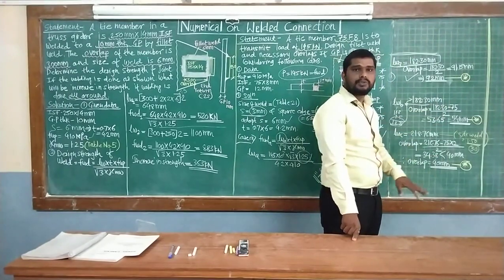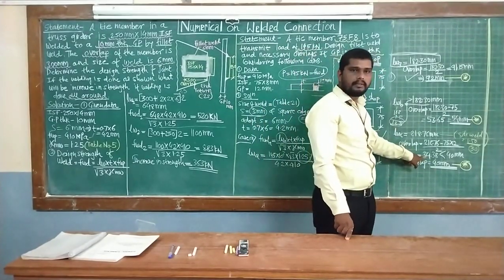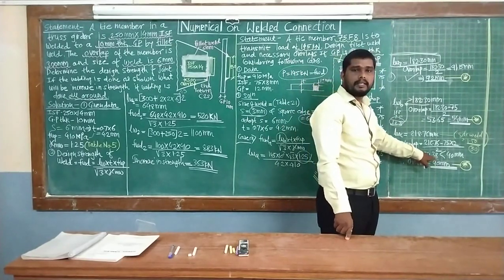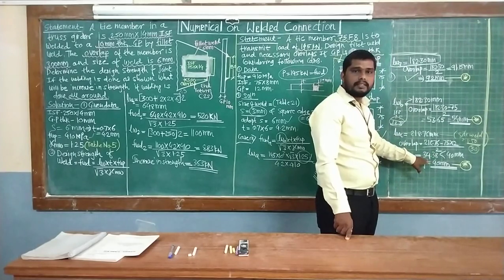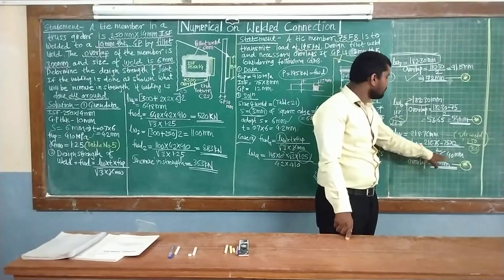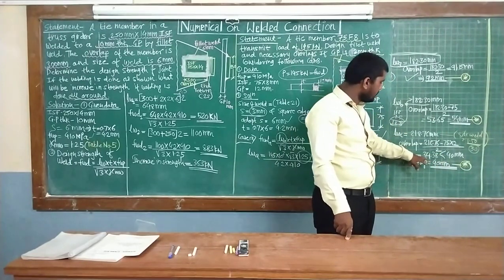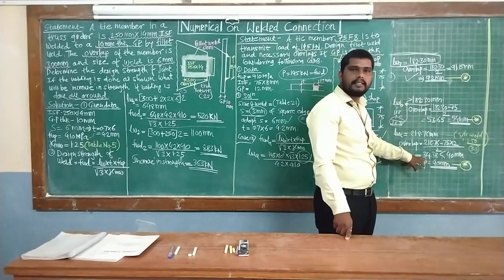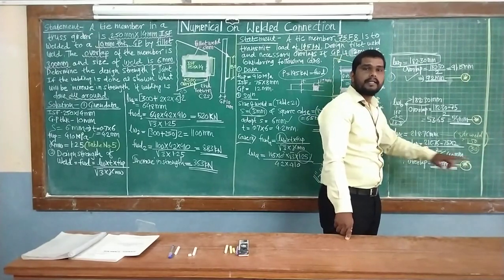But as per IS 800:2007, this answer of 34.38 is not applicable. Whatever the length of the weld, we have to provide a minimum of 40 mm as per the IS. But the answer we got is less than 40 mm, so we can provide a minimum length of weld of 40 mm.